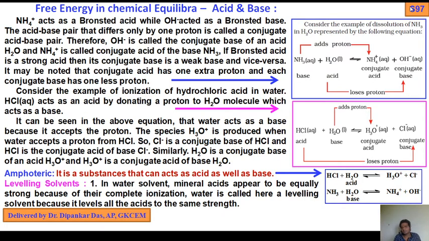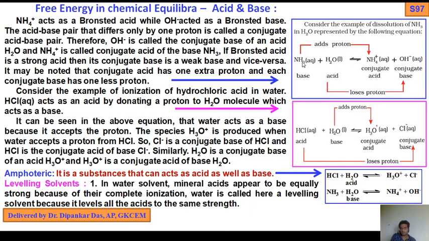Now consider the example of dissolution of ammonia in water, represented by the following equation. Ammonia aqueous plus water liquid, we get ammonium ions. It takes up a proton from the water molecule.